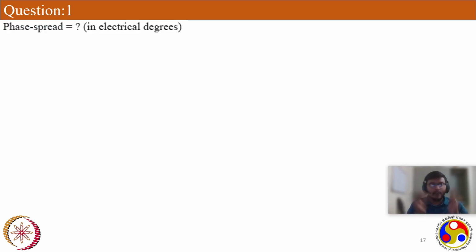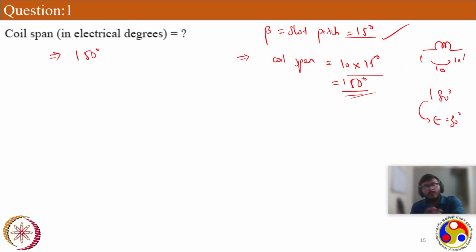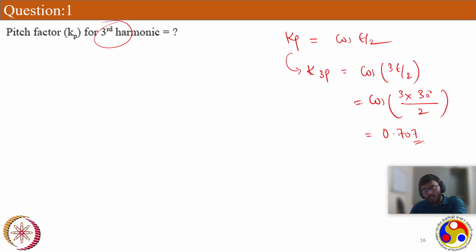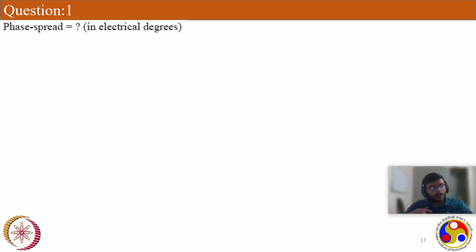If I want to calculate the coil span, I want to see how many slots each coil is spanning, and multiply it with beta, then we will get the coil span. Now, here we are trying to calculate phase spread. Before that, you calculate how many slots per pole each phase is taking. That will give you some number.